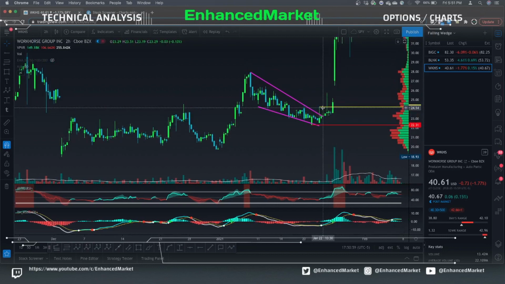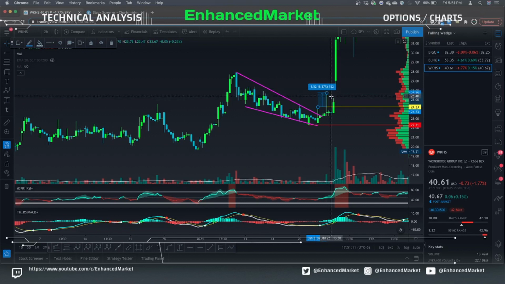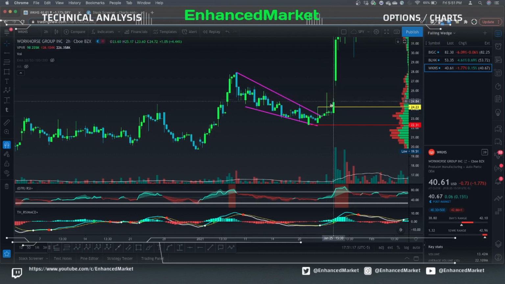But if I entered right here at the break of this candle, we would have had a decent size move. We would have had a 6.5% move, which on an option would be great. If you were playing commons, your entry would be here, your stop loss would be here.